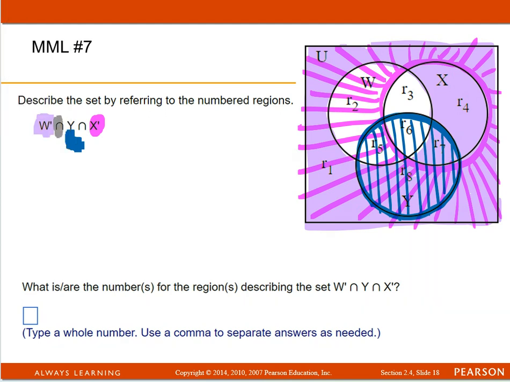We're looking for where the purple, the pink, and the blue all overlap because we're intersecting. So purple, pink, and blue all overlapping is right here, that region.